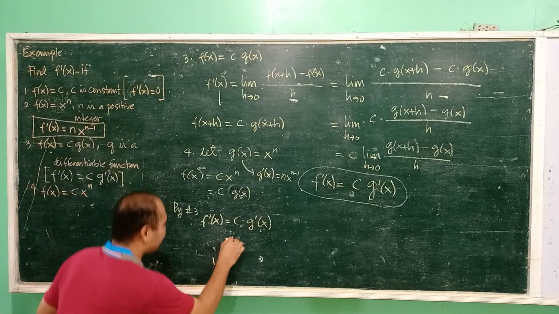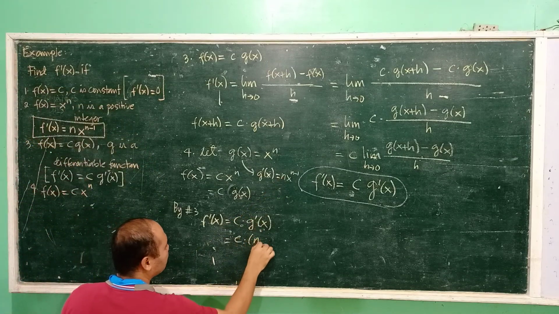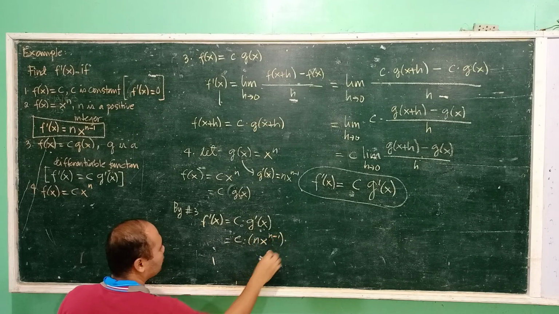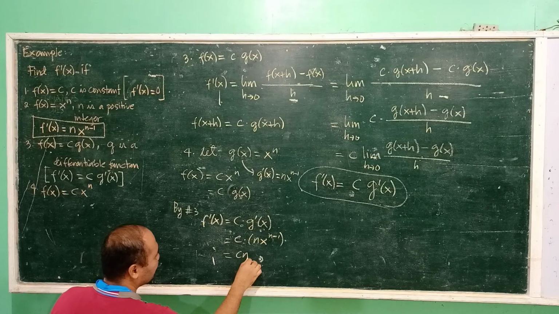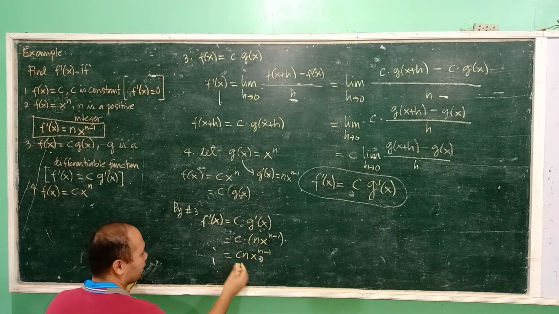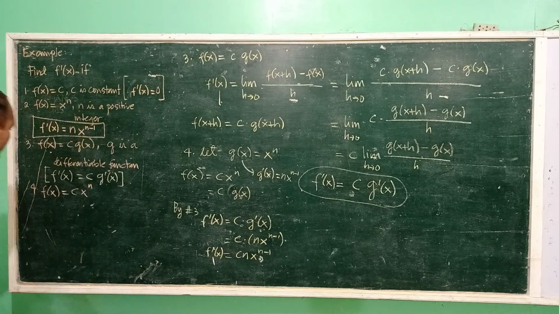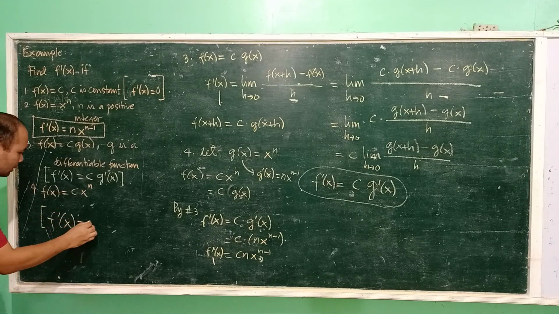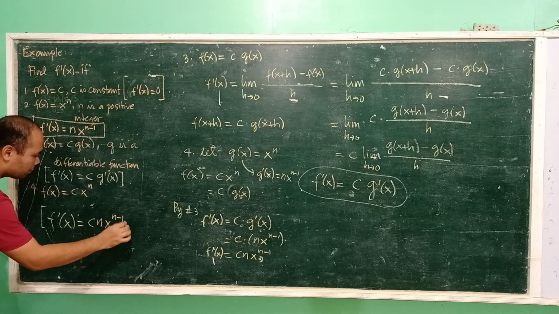So you have c times n x to the n minus 1. Therefore, f prime of x is just equal to c n x to the n minus 1.